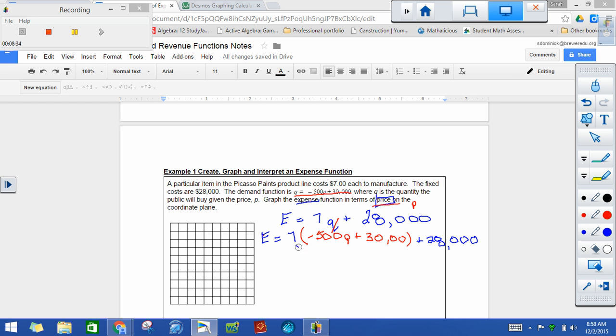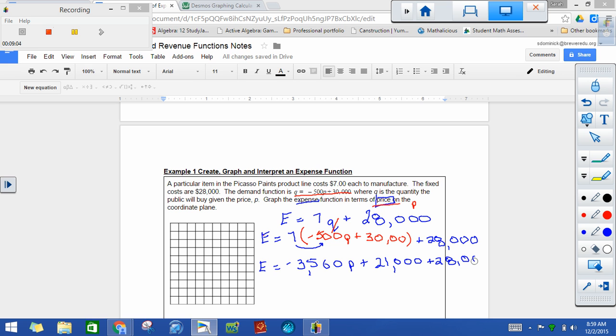So I'll distribute the 7. So E is going to equal negative, that'll be 35, right? 7 times 5, and then put the 2 zeros, so 3,500. There's a P there. And then 7 times 30,000. So 7 times 3 will get me a 21. Bring down those 3 zeros. And then bring down the 28,000 from above.